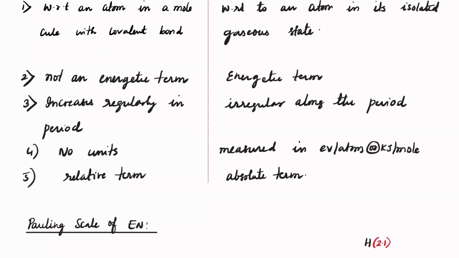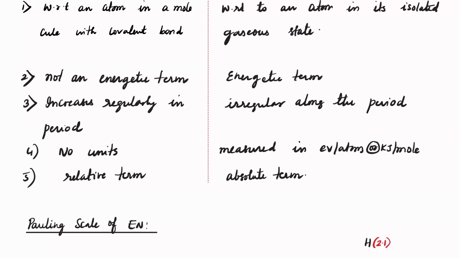Here, this increases in the period. Okay, that means left to right it increases, correct? But electron affinity had an irregular trend. We saw that group 15 had a different trend, and group 2, beryllium and magnesium, did not even offer the electron affinity. Group 18 also does not have a regular trend.